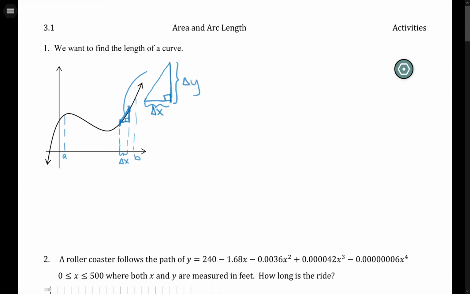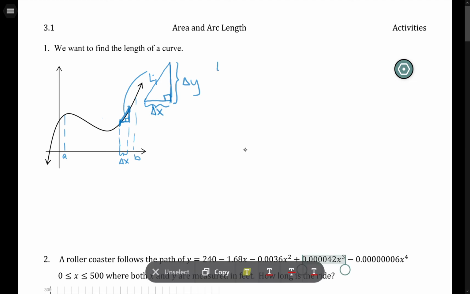So if we want to find the length, I'm going to call it a delta L, this little bit of length right here, or rather an L sub i. It is a little tiny change in length, but we're going to add all these up, so calling it an L sub i will make more sense for our notation.